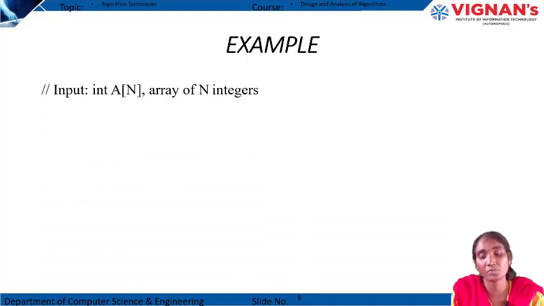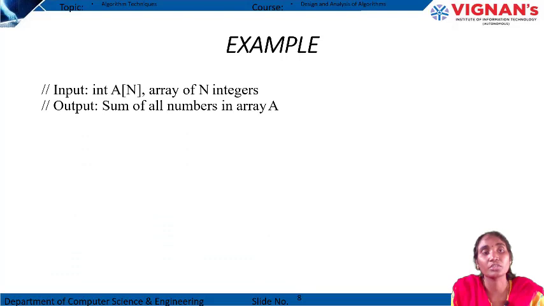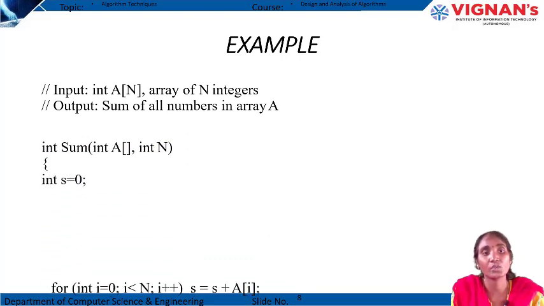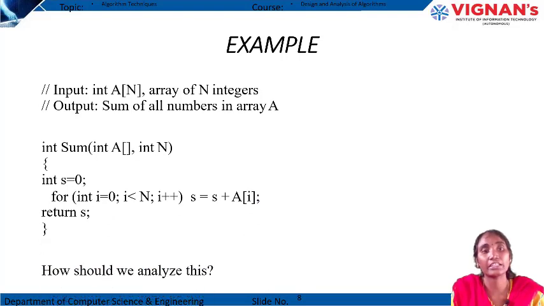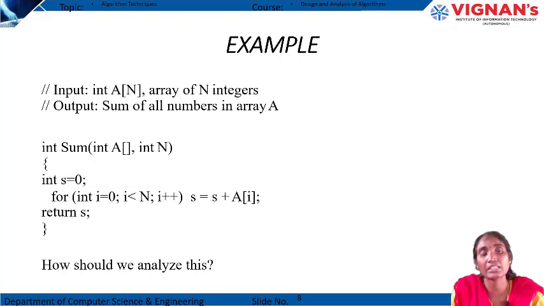Let us consider a small example: the sum of all the numbers in an array. Here is a for loop where i is the iterative variable, initialized with 0. We check the condition 0 is less than n, let us consider n is equal to 5. Initially sum s is 0, so s is 0 plus a of 0.